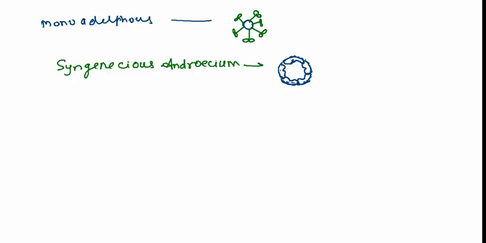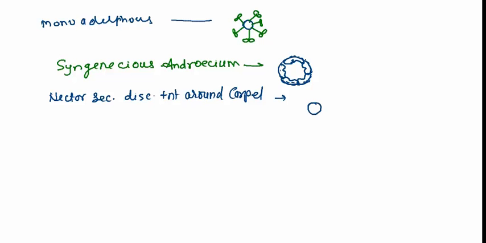If the nectar secreting disc is present around the carpel, then it is diagrammatically expressed like this. See, it looks like this.